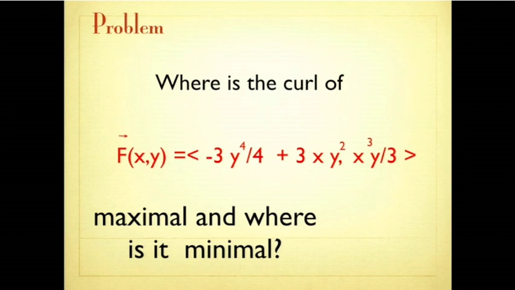So remember the curl. This is a vector field which has two components. So you know the curl is just qx minus py. So it's x squared y, that's qx. And then minus py means plus 3y cubed.